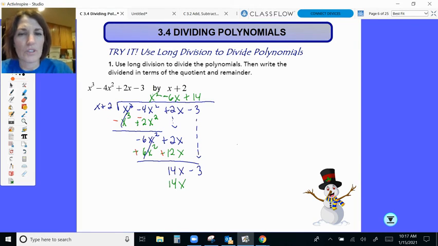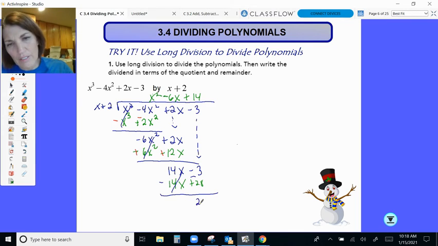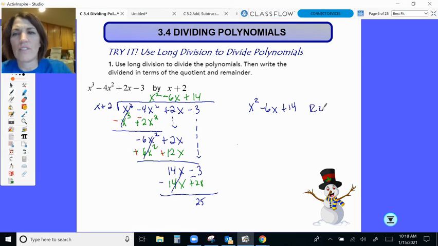And 14 times 2 is plus 28. And change my sign. And we're going to get 0 there and 25 here. So I should have x squared minus 6x plus 14 with the remainder of 25.